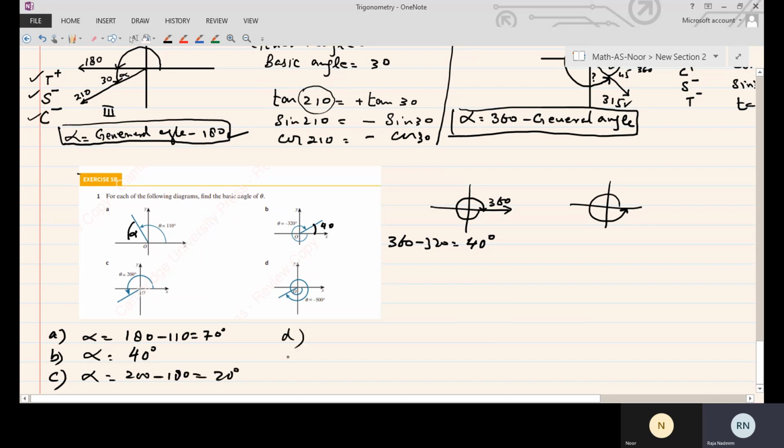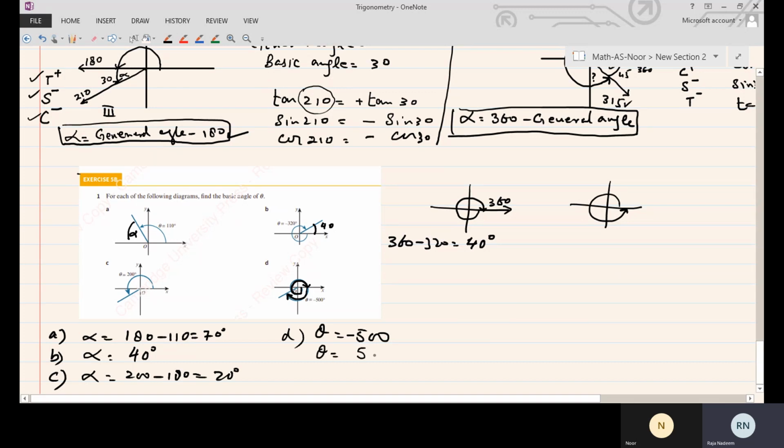D part. In part D, you have completed one round at this point and then moved further by this angle. Whenever you have any angle which is greater than 360, like in this part where theta is equal to 500, how would you get the basic angle?